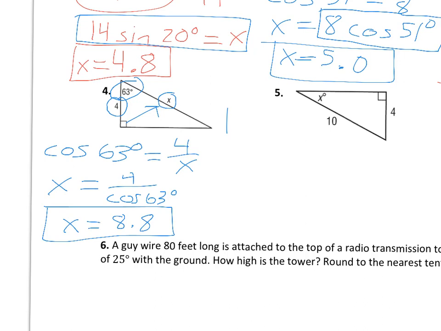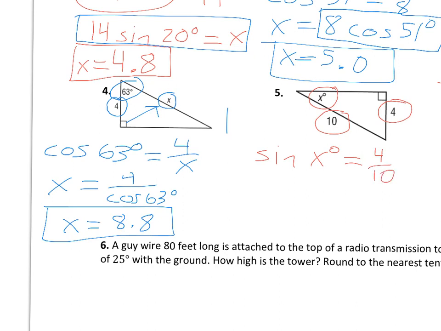For number 5, we have an angle. We have the opposite side to that angle, and we have the hypotenuse. So what uses opposite and hypotenuse? Sine. Sine of x degrees equals opposite over hypotenuse.